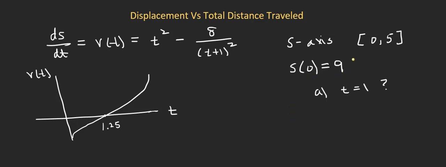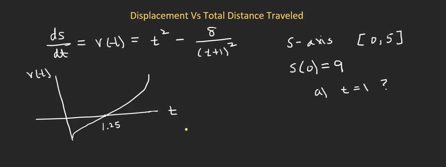Now, let's say they give us more information. Let's say they said that when t equals 0, the particle is at 9, which is the initial position. And they want us to find what will be the particle's position when t equals 1 second.